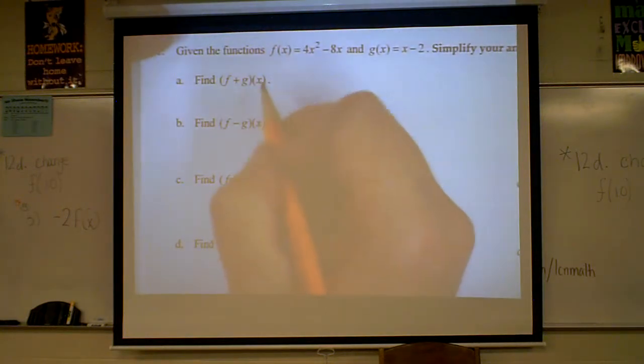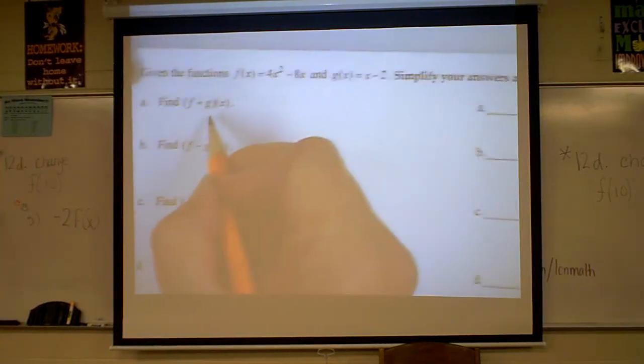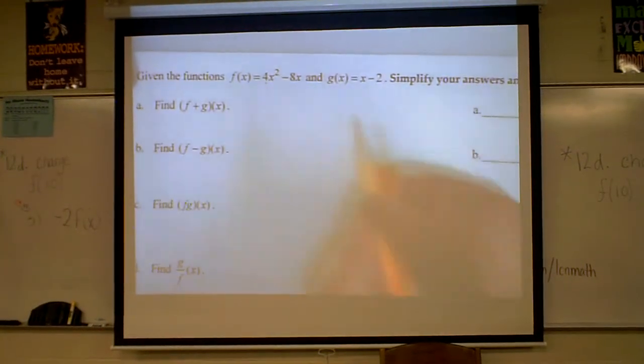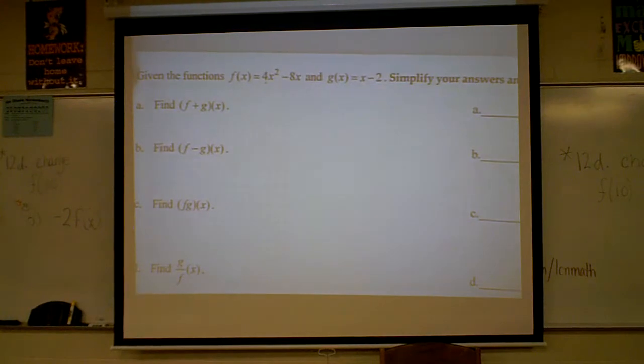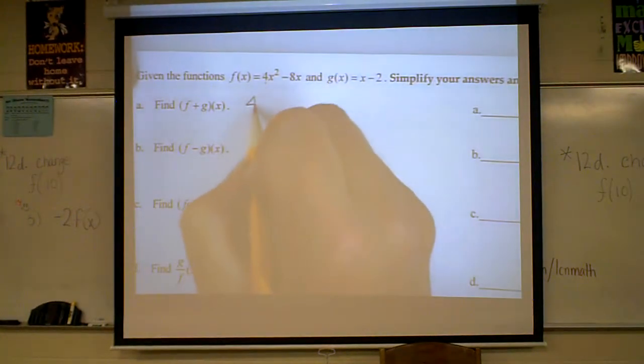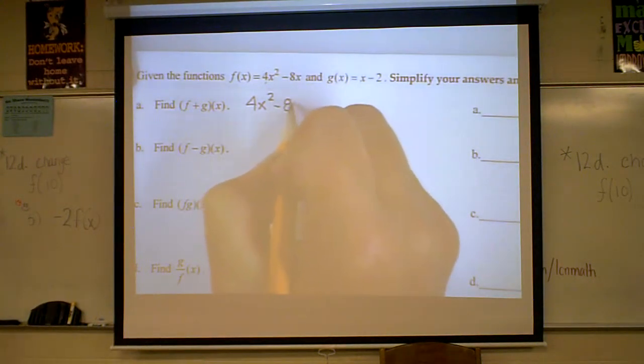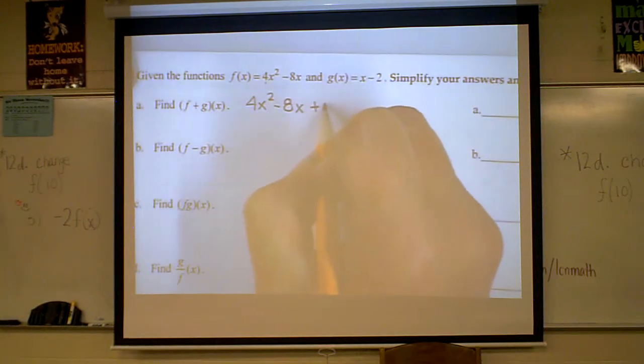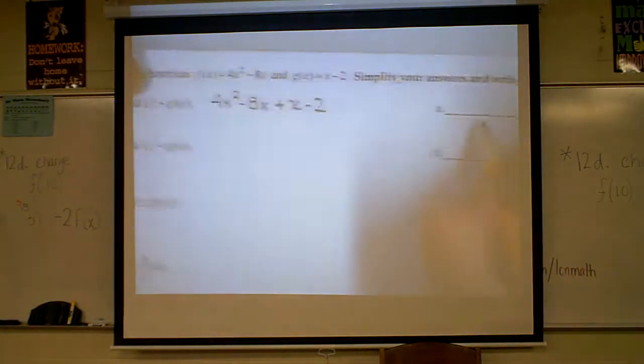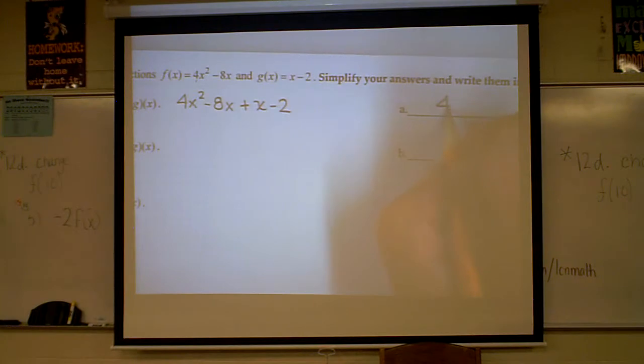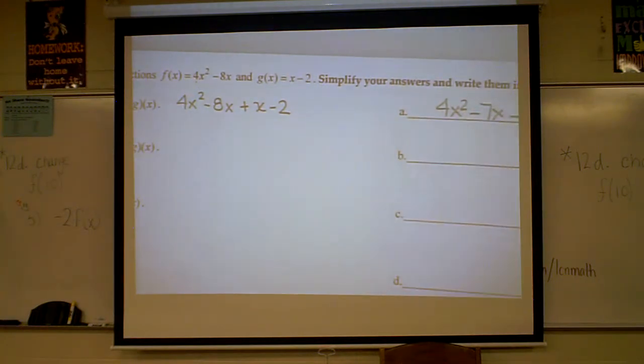The next, you are going to add two functions. How do you add these two functions? 4x squared minus 8x plus x minus 2. Simplify this, and you would get 4x squared minus 7x minus 2. 2 points for that one.